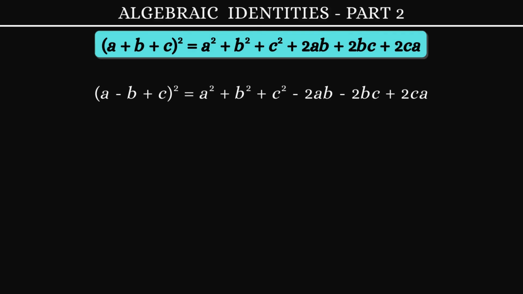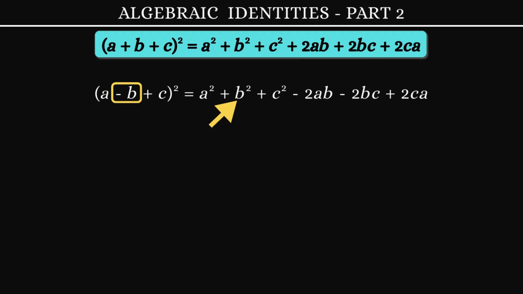Let's understand this clearly. We are replacing b with minus b. So, b squared is minus b the whole squared. Minus b into minus b will give us plus b squared. So, there is no change of sign in this term.